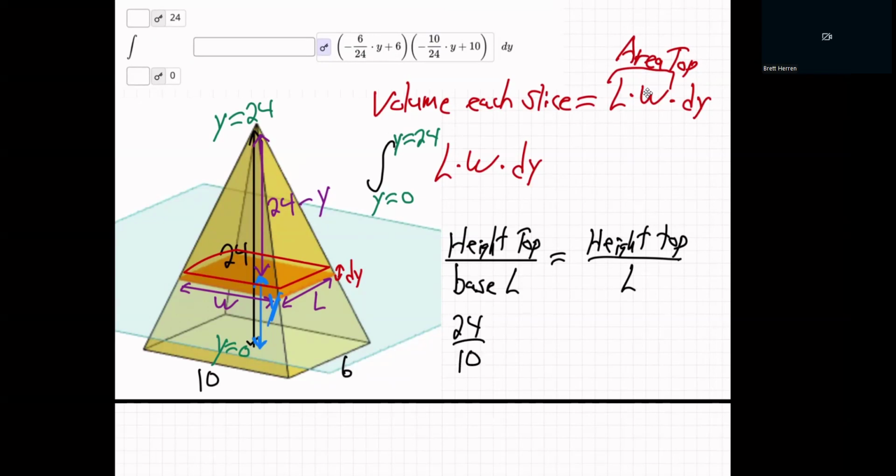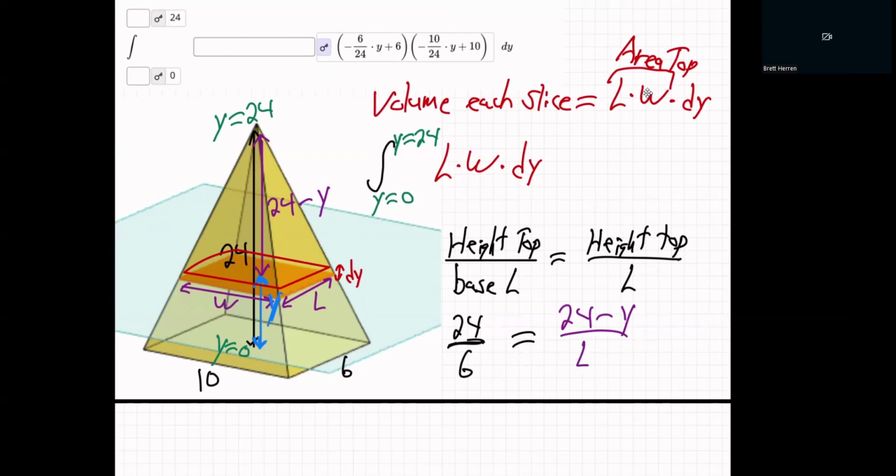Here I'll start with the 6. So 24 over 6, which is the height of the top over the 6, has to equal the height of the top, which is 24 minus y, over the length.